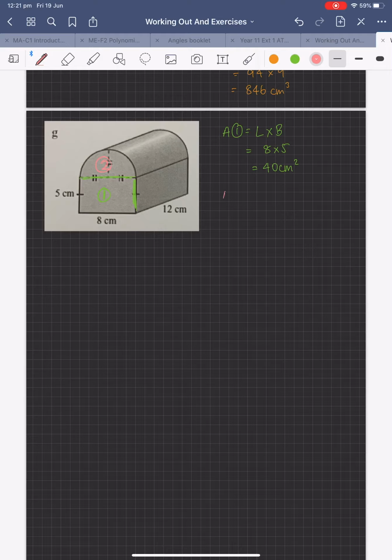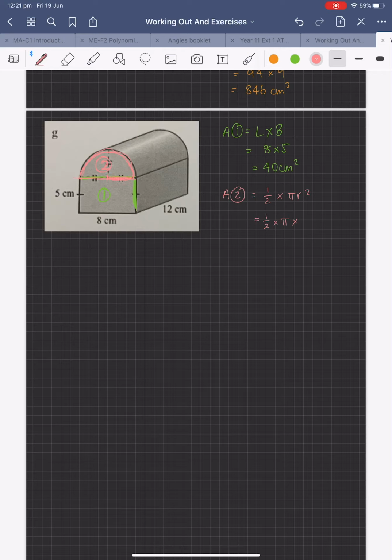Now I'm on to area 2. Number 2 is actually half of a circle. We did this in area. You need to find the area of a circle and divide it by 2, or you can just do a half times pi r squared. Now we need to work out the radius here.